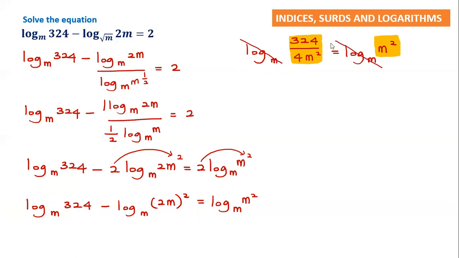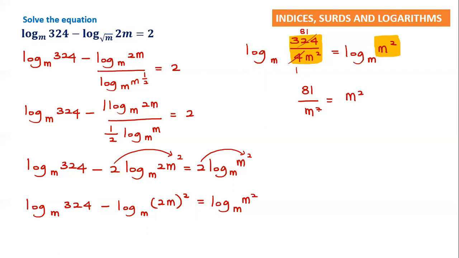Once you cancel off, you can see that both sides can be equal. So the 324 over 4 we can simplify. This is 1, and this one if you simplify is 81. So it's going to be 81 over m square equals to m square.